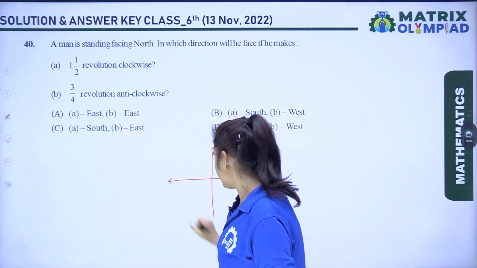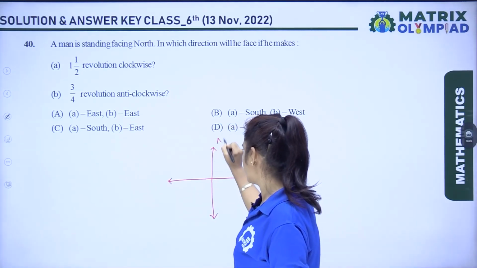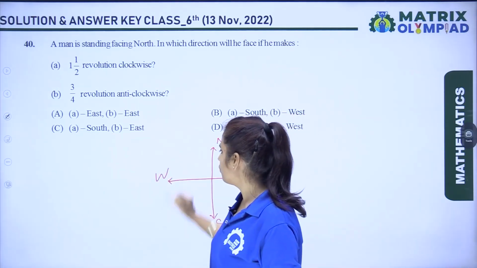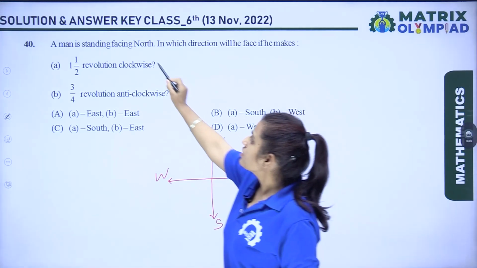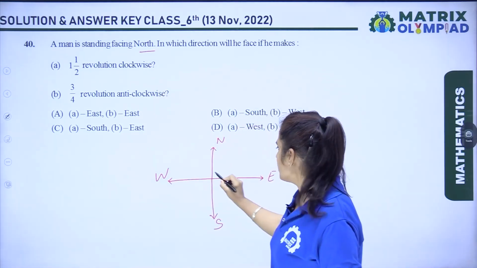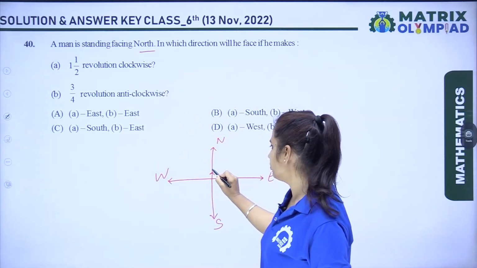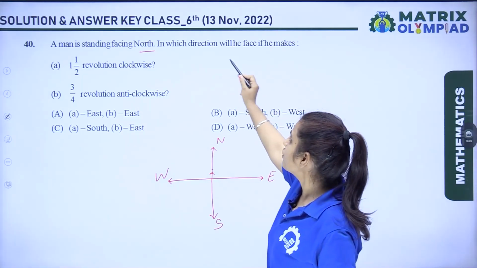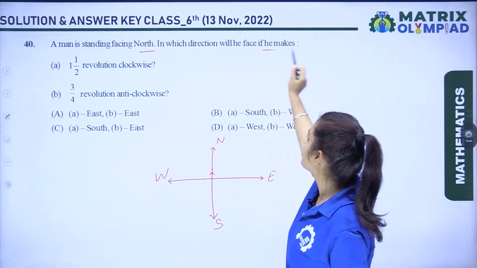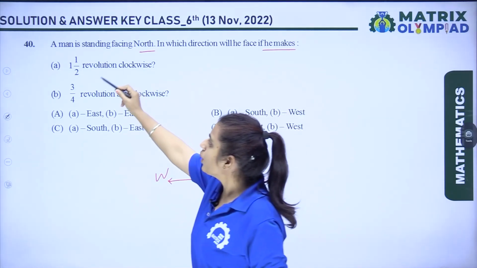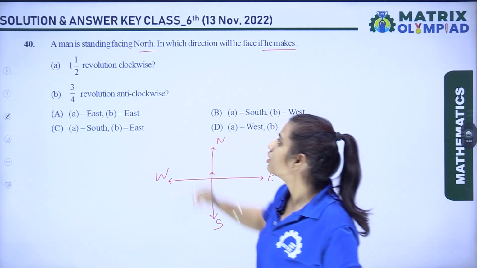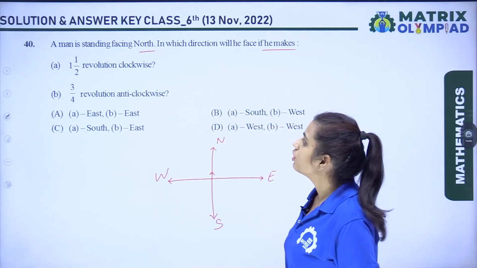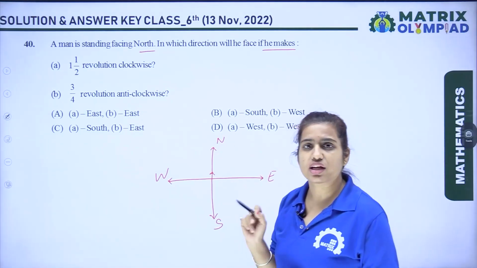So, it is north, south, east, west. Now, a man is standing facing north, means here man is standing. Now, we have to find out in which direction will he face if he makes 1 by 2 revolution clockwise. So, here we have to move a person in a clockwise direction.